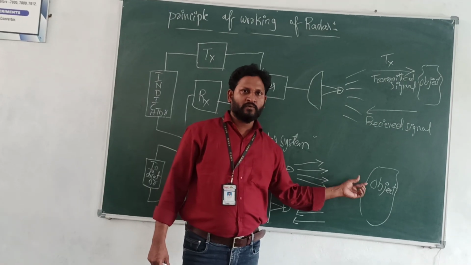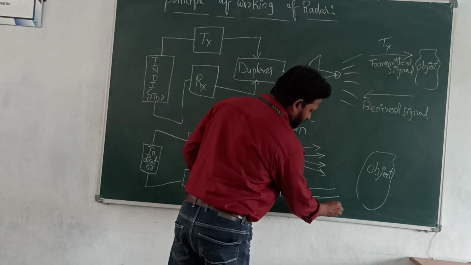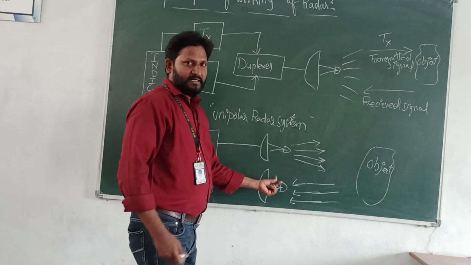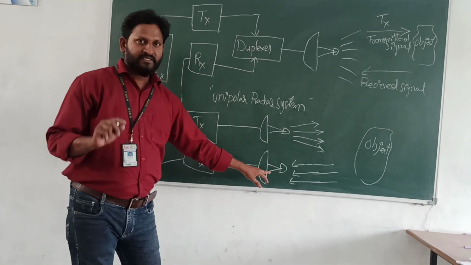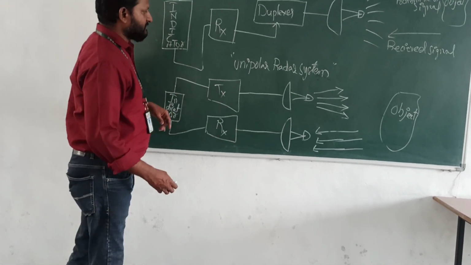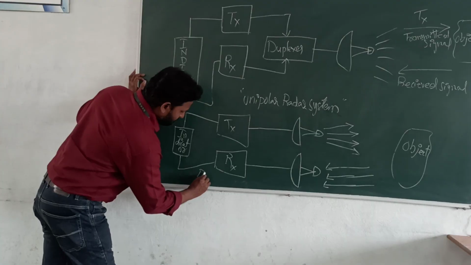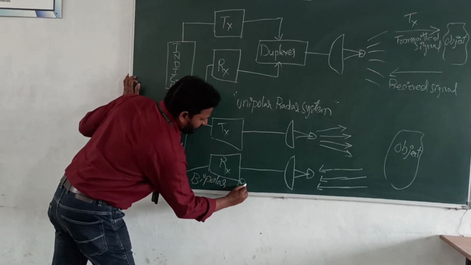That signal collides with the object and the same signal reflects back to another antenna. So one antenna transmits and some other antenna receives. Here two antennas will be used. This is the bipolar radar system.